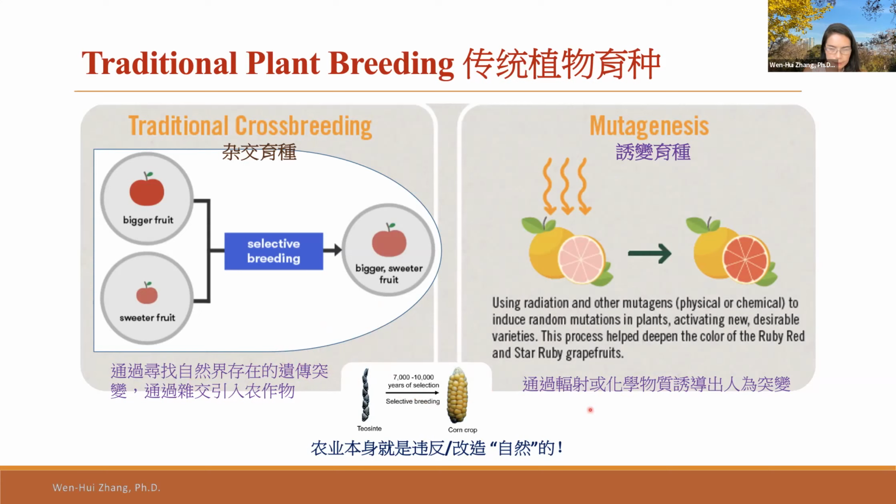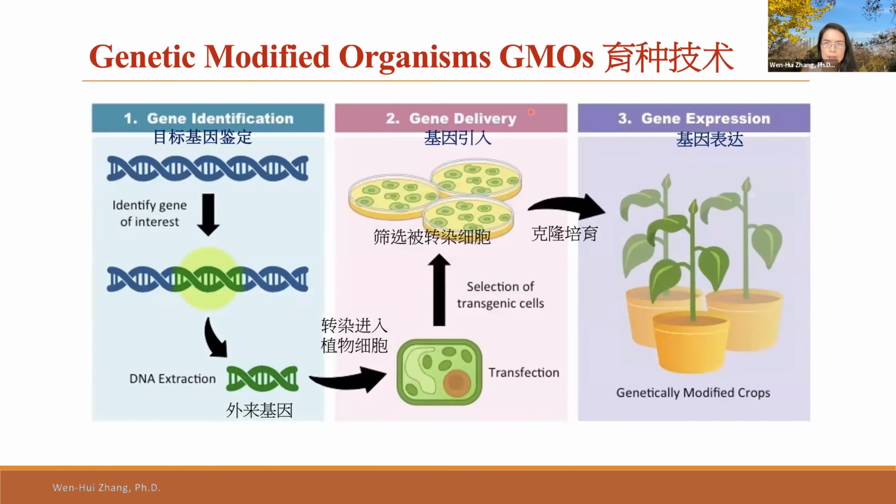The other type of plant breeding is by mutagenesis, just to induce mutations in the crop, usually through radiation or chemicals. So agriculture is anti-natural because we manipulate what's in nature by crossbreeding or mutagenesis.